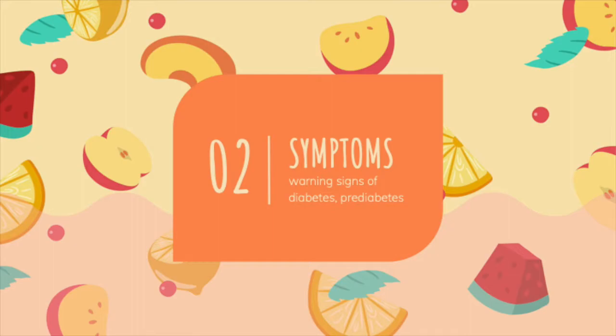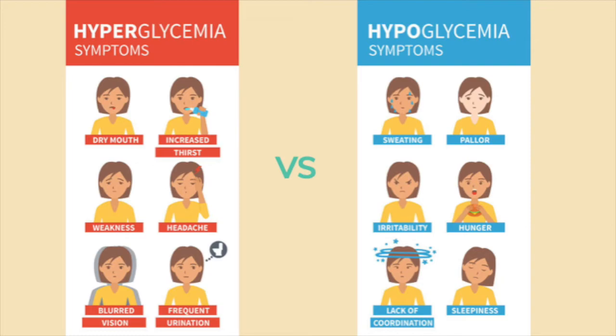So in this section, we'll be discussing some of the warning signs of diabetes as well as what prediabetes is. When we're talking about warning signs of diabetes, these are some of the symptoms that you might notice. On the left here, we have hyperglycemia, which is essentially when your blood sugar levels are too high. And on the right, we have hypoglycemia, which is low blood sugar levels.